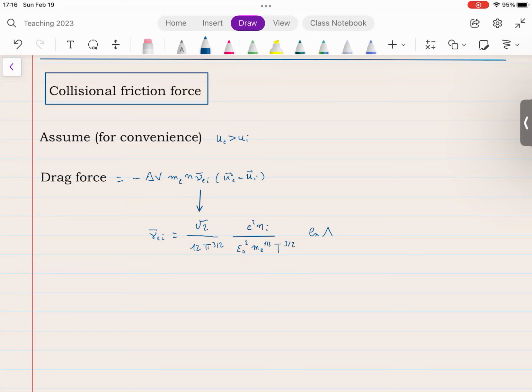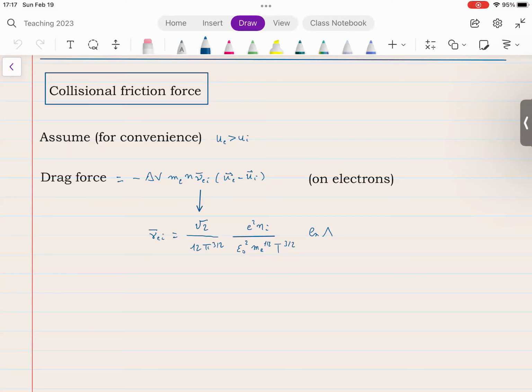And notice that this is the drag force on the electrons. We said that the velocity of the electrons is larger than the velocity of the ions. Then the minus sign means the electrons are slowing down. That makes sense.